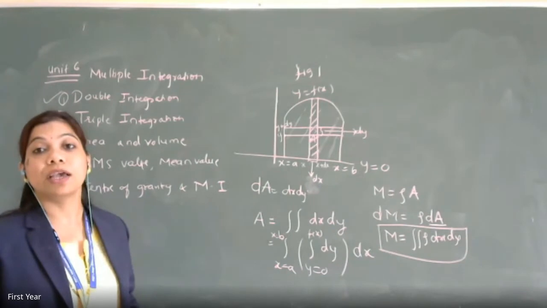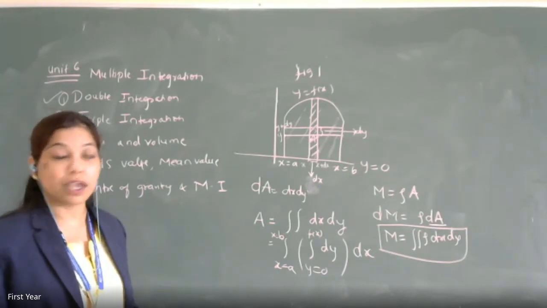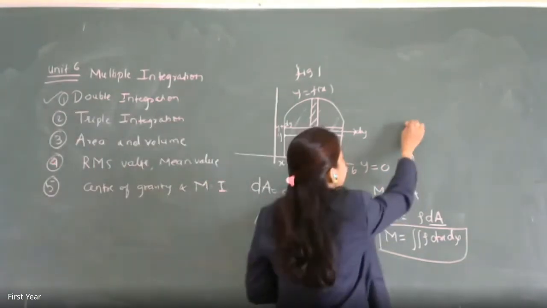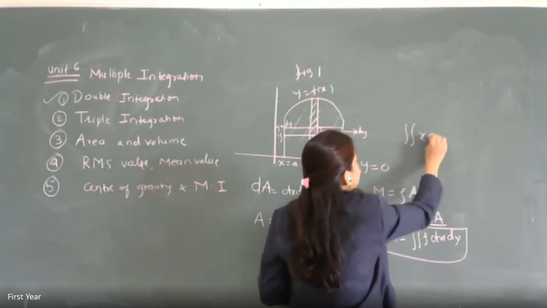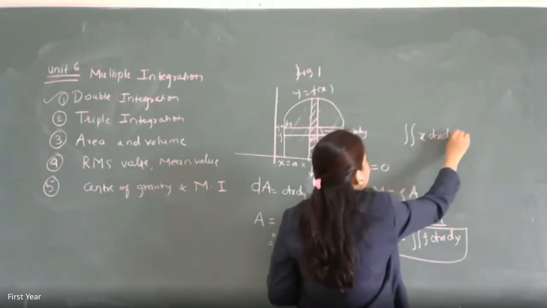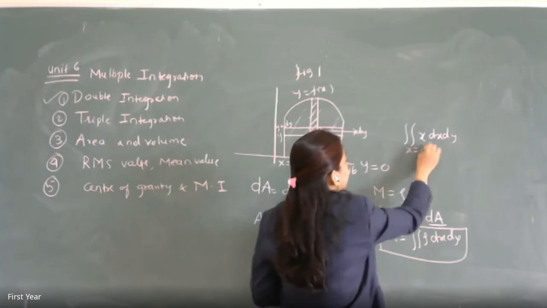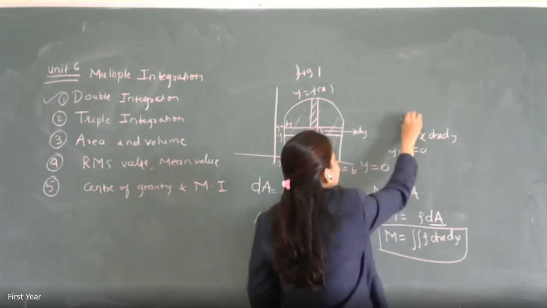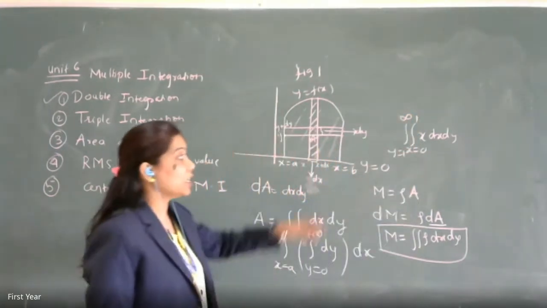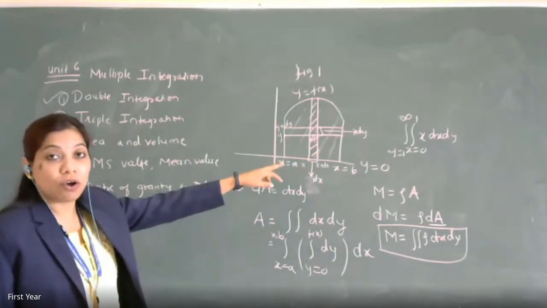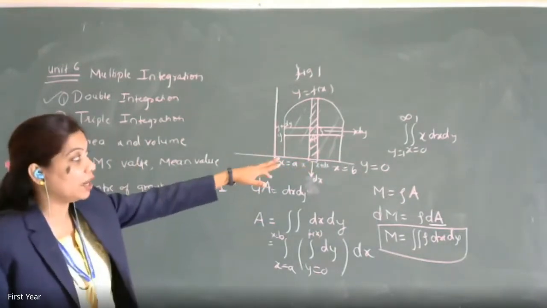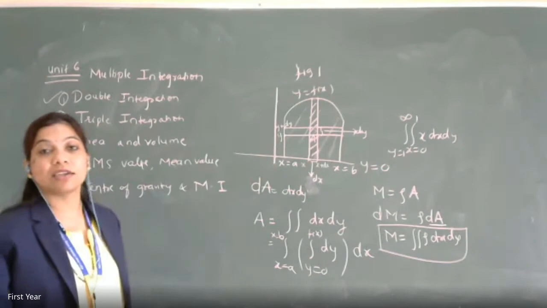So when the question is asked, find double integration of x dx dy, where x is going from say 0 to 1, y is going from 1 to infinity, that means what is asked? It is the mass of the curve with the density function as x. Is it clear?